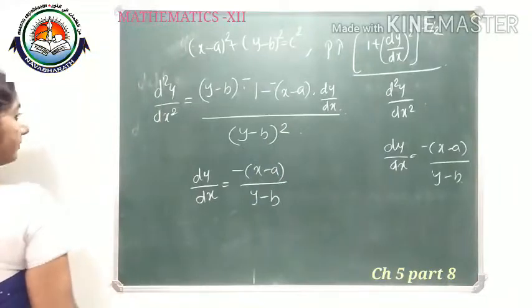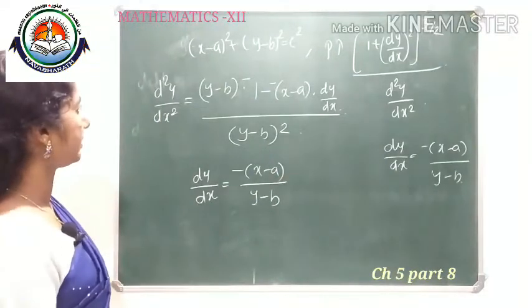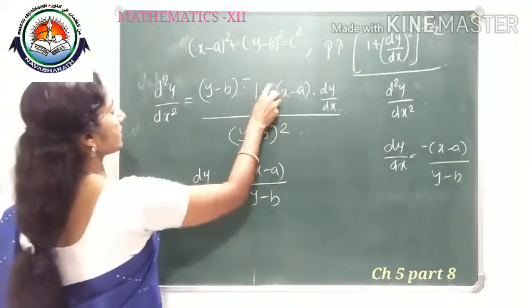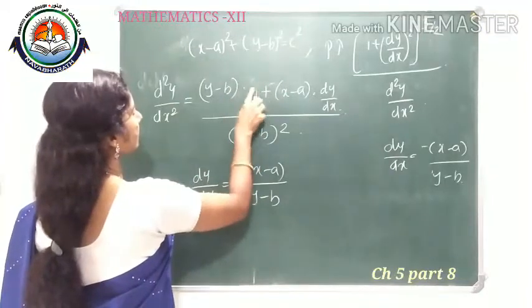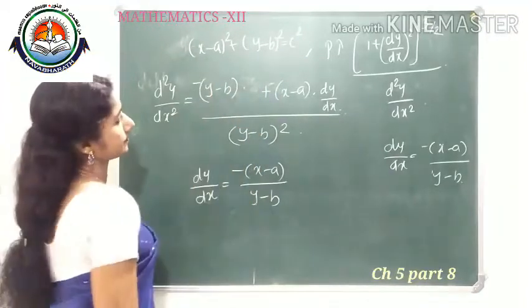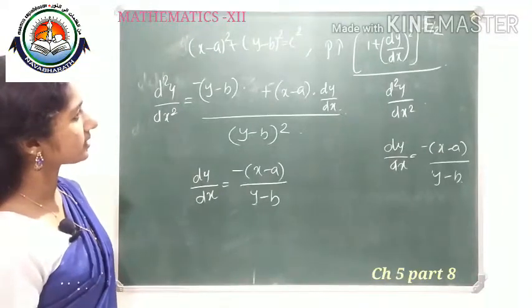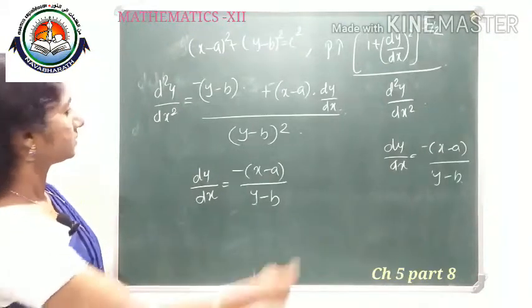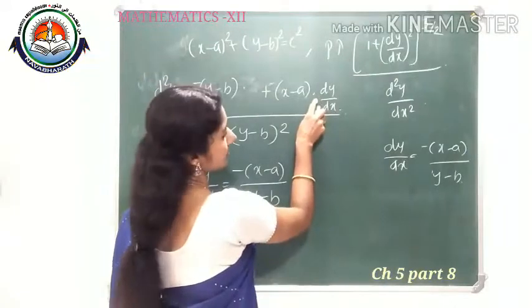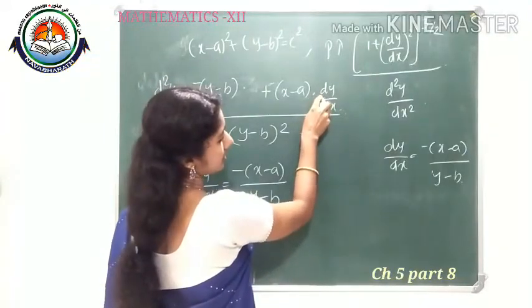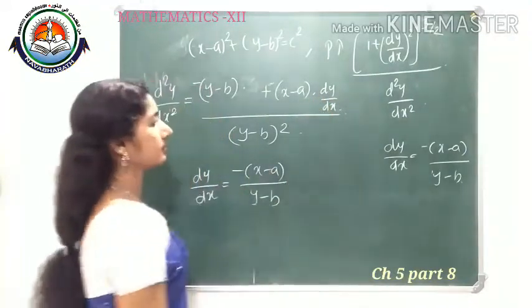So, we got dy by dx and d2y by dx2. This minus and minus we can make it as plus. Then dy by dx we can substitute this value here, minus of (x minus a) by (y minus b).